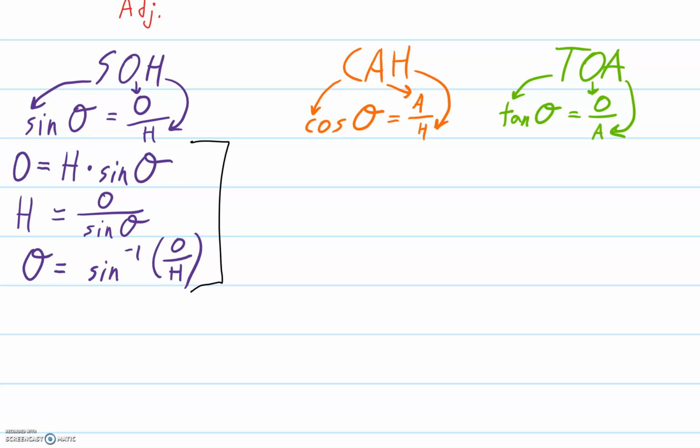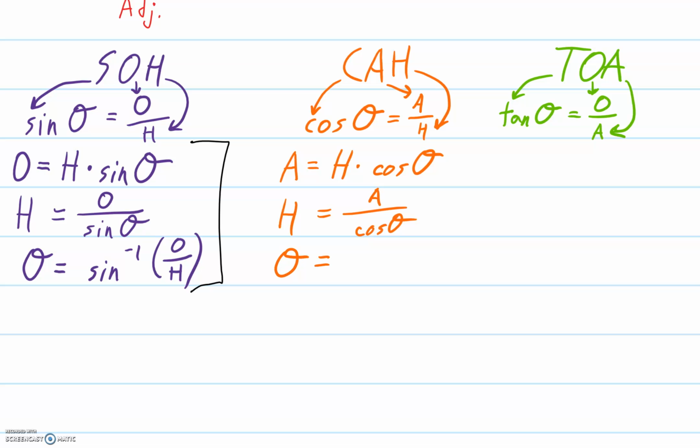With cos, same thing is true. I'm just going to write them out a little bit faster now. So the thing that was on top in the position that O was in is adjacent, hypotenuse times cos theta. And then the same thing again, adjacent over cos theta.